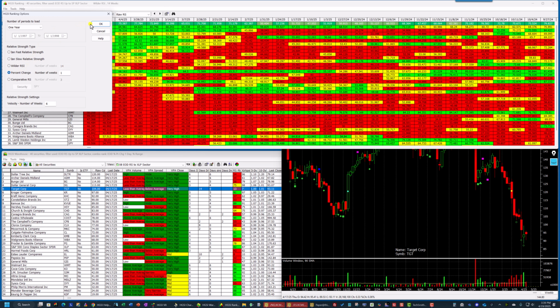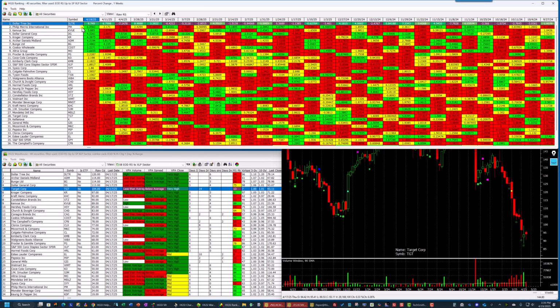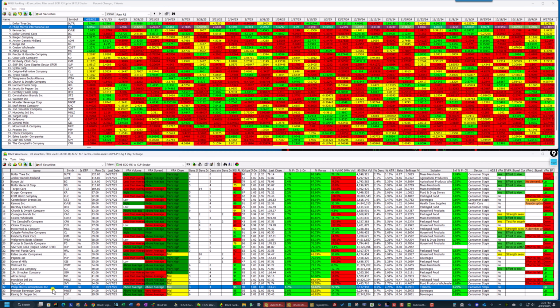And back to percent 1 week, there's Dollar Tree, which I looked at already, and then Philip Morris is up 6%. And if I click down to the warehouse, you can see that where it closed, clear down at number 32 today, because its price change was only 1.7% and it closed mid-range.